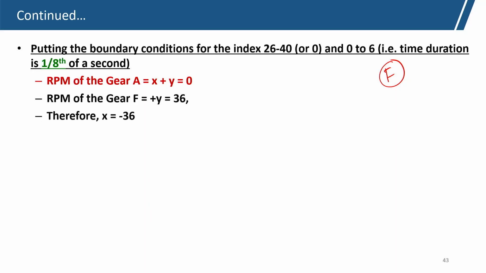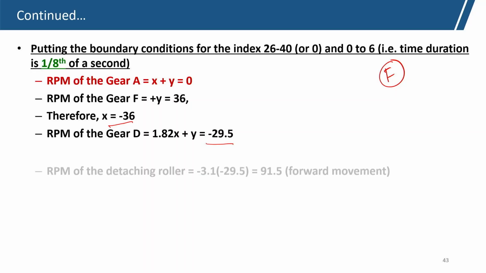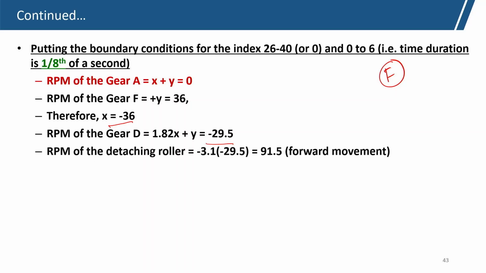So, x will become minus 36. So, let us see what is the speed RPM of gear D, then 1.82 x plus y, that is minus 29.5. So, this is the negative direction, and ultimately what we will get if we multiply by gear ratio minus 3.1, that means we are getting the RPM 91.5, that is forward movement, the slow forward movement.